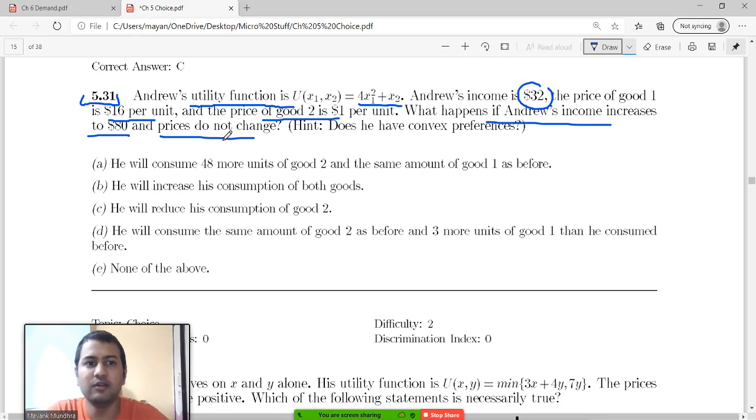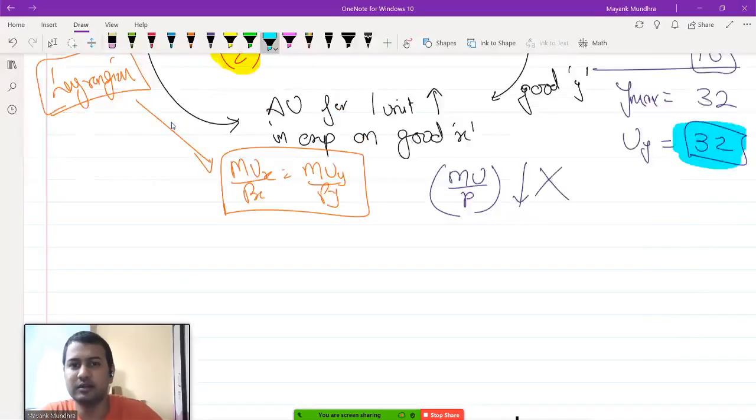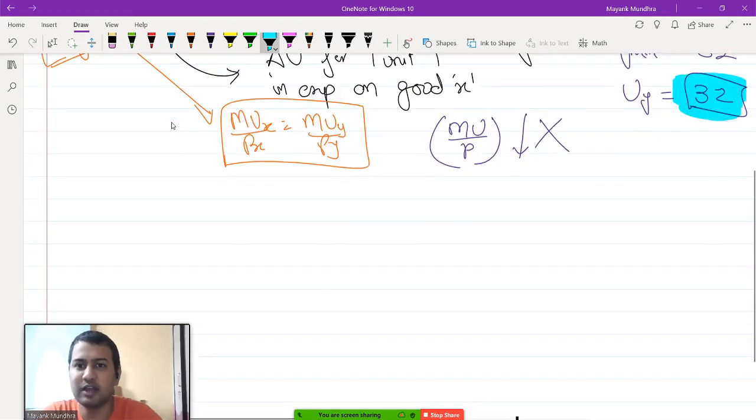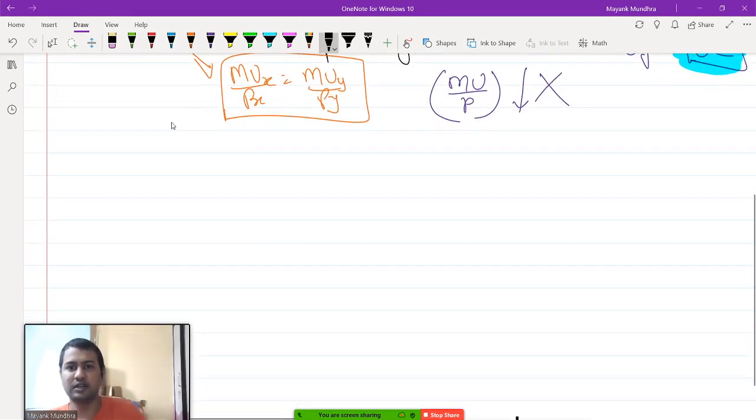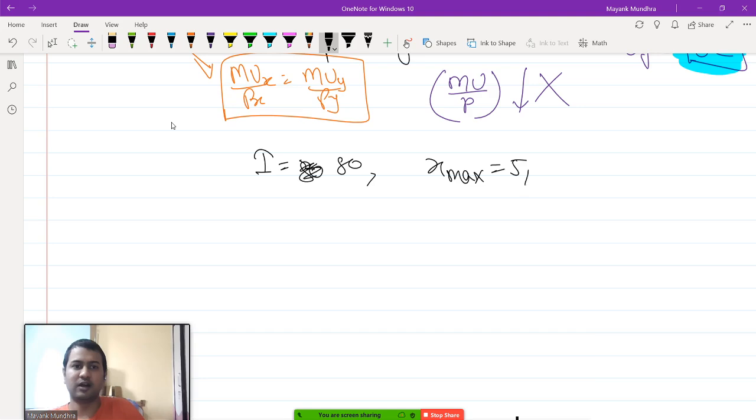On the other hand, when his income increases to 80, if I do the same calculations for income equals 80, x max will be equal to 5 and y max will be equal to 80.